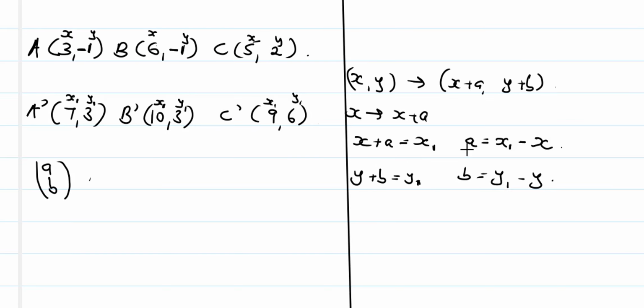So I have the value for b. Now that I have the formula for a and b, I can pick any random point, for example a, and then pick the translated a, and apply this formula to that specific coordinate to get the translation factor.